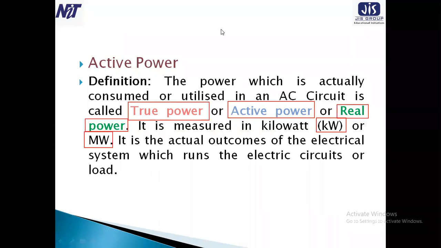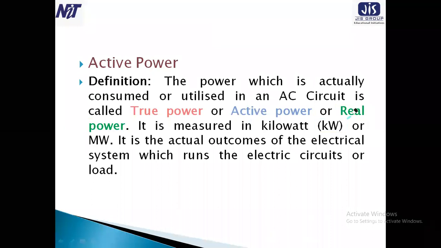So the active power is the most important part. All three types of power are related with each other, but to run all the machinery, all the electrical systems and all the electrical circuits, the role of this active power is the best role.